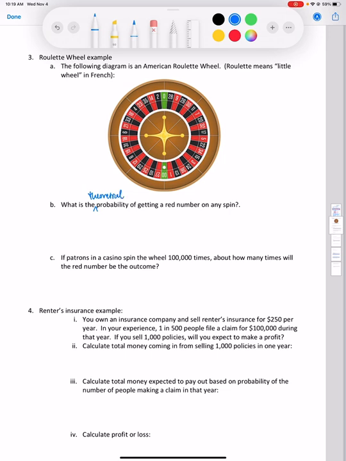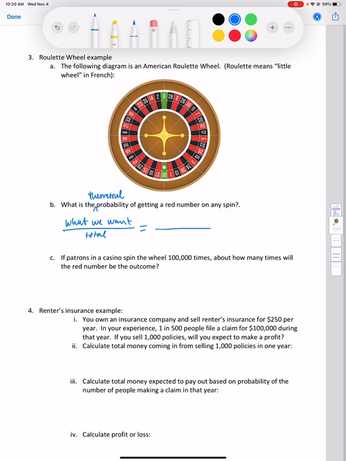What we want, divided by the total. In this case, what we want is a red number. So it's the number of red spaces over the total amount of numbers.